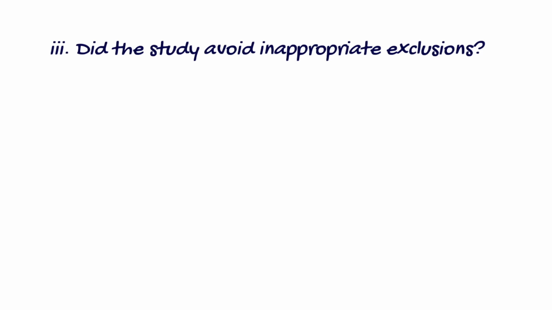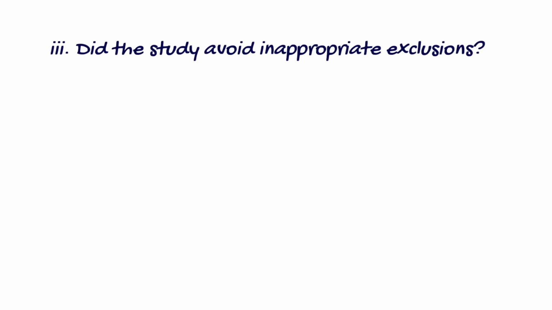Patients have different symptoms and severity levels, so excluding them can make the test's accuracy seem better or worse than it actually is. For example, it's inappropriate to exclude patients with conditions like diabetes or high blood pressure for no good reason. These conditions are common and can affect how a condition shows up and gets diagnosed.